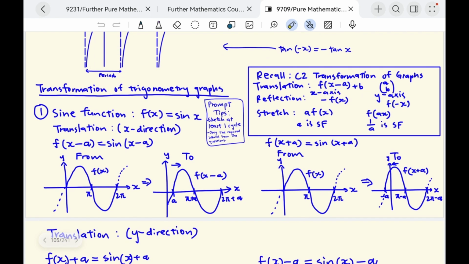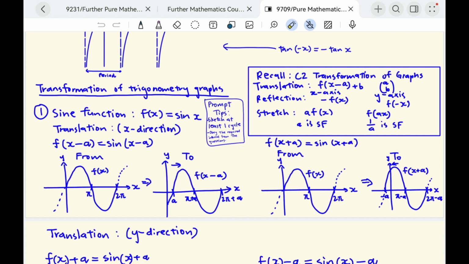So for the stretch, if you multiply by a beside the entire function, it is a stretch parallel to the y-axis, in the y direction, where a is the scale factor. Okay, I've abbreviated scale factor as SF. So from now on, I'm going to say SF, so that you will know that SF represents scale factor.